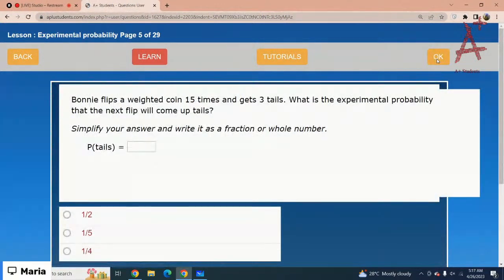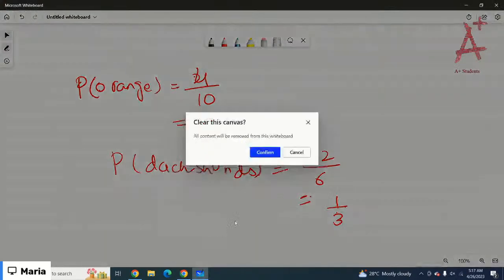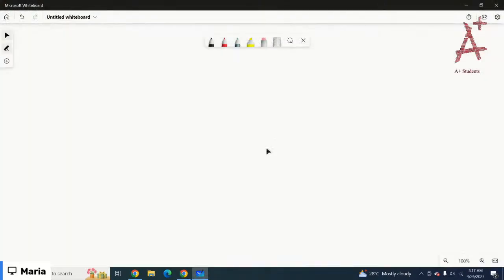Bonnie flips a weighted coin 15 times and gets 3 tails. What is the experimental probability that the next flip comes up tails? So which is the correct option? The probability of tails is 3 out of 15.